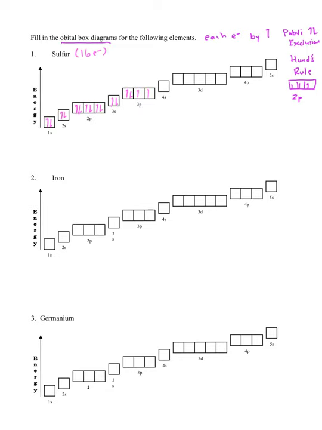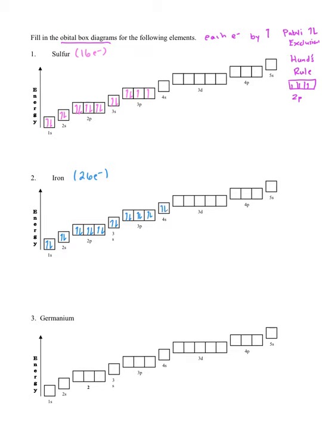Let's go ahead and do iron, which has 26 electrons. And so again, we're just going to count to 26 the same way we did before. So I go 1 up, 2 down, 3 up, 4 down, 5, 6, 7 up, 8, 9, 10 down, 11 up, 12 down, 13, 14, 15 up, 16, 17, 18 down, 19 up, 20 down.